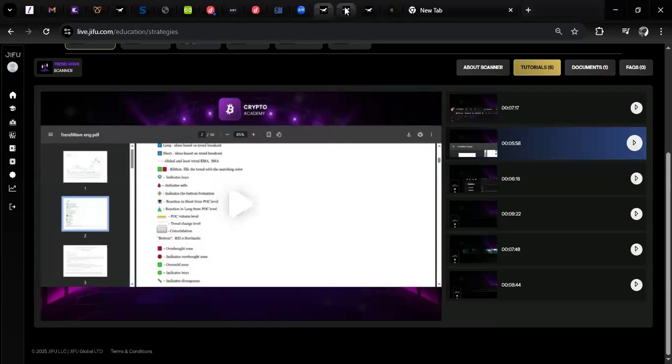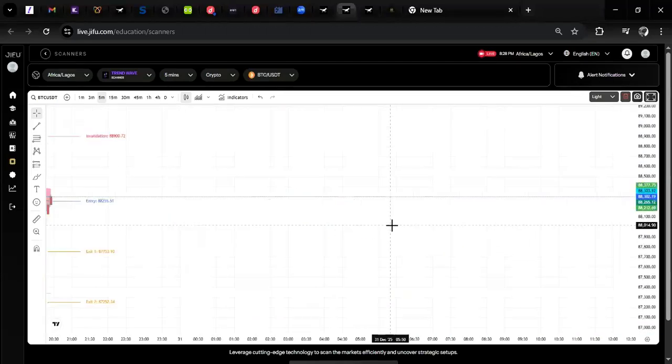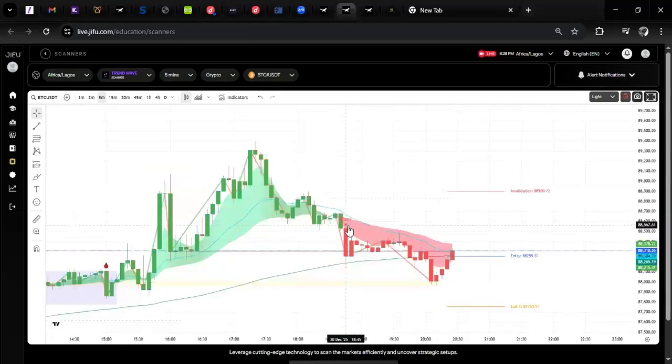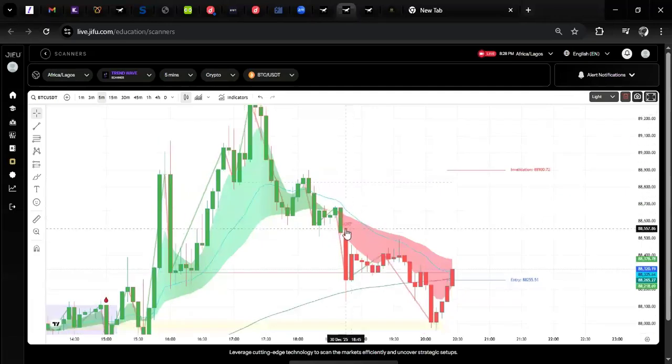So if you're taking a trade using the scanners and this pops up, you know what it means already. Why? Because you've seen the tutorial. If you see this triangular stuff here, it's an indication for you to do what?